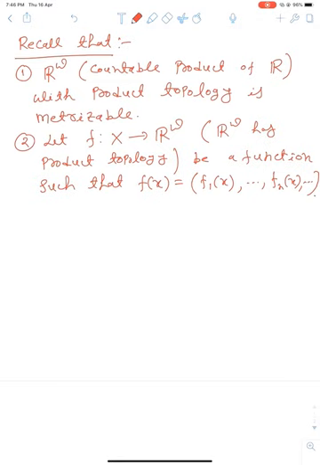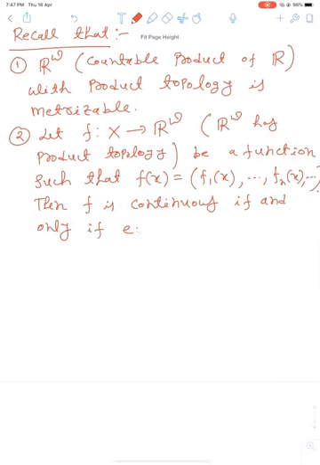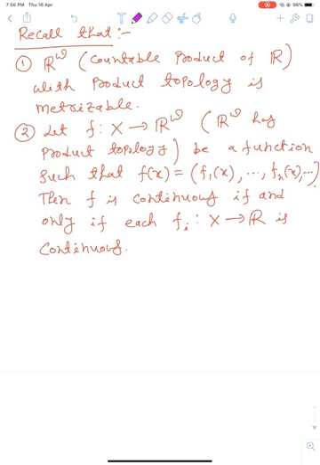Now this is a function, then we prove that f is continuous if and only if each fi from X to R is continuous, right?